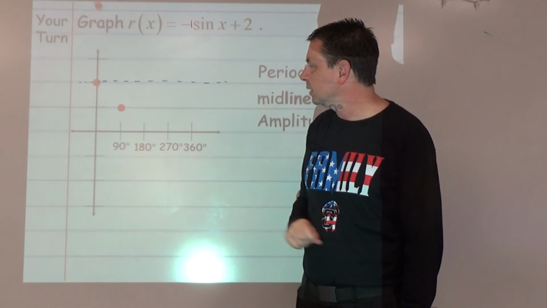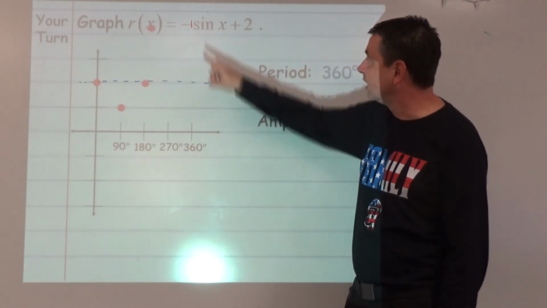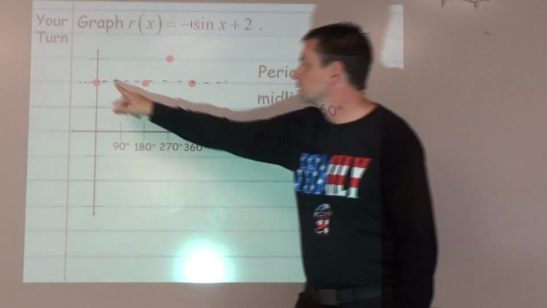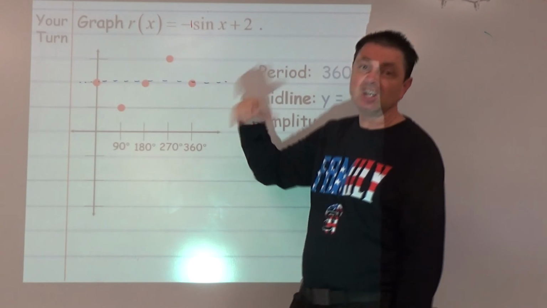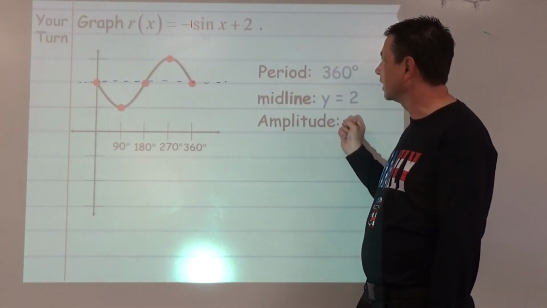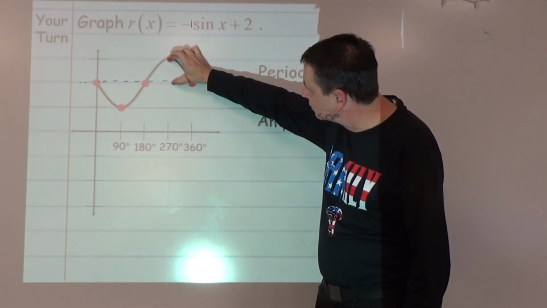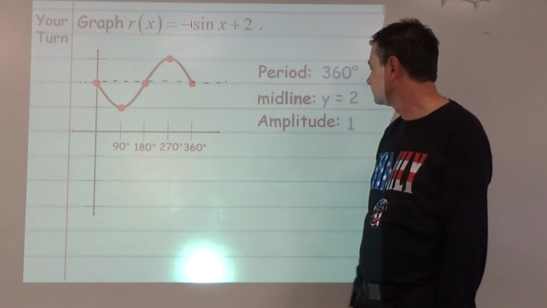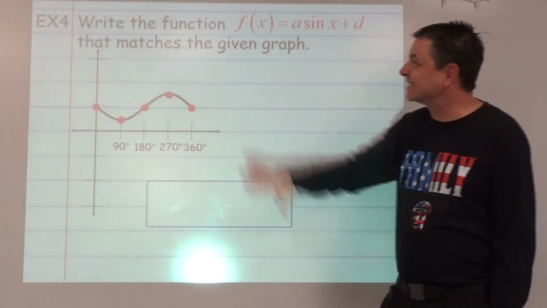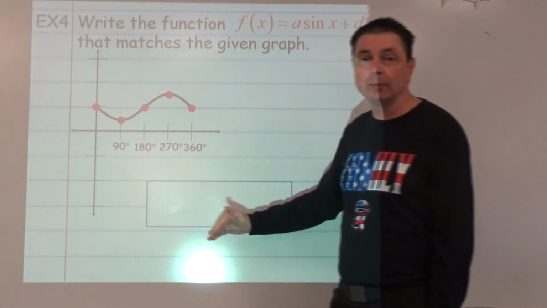Then we're back to the midline. We continue the other way, 1 above the midline, back to the midline. To get the correct shape for our wave, our amplitude, the distance from midline to highest point, is 1.